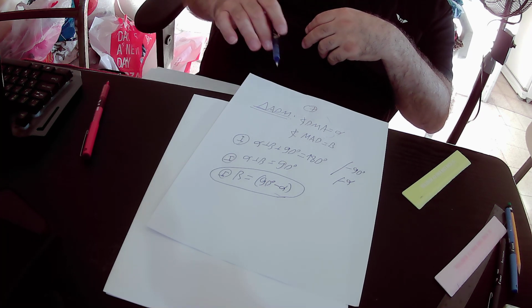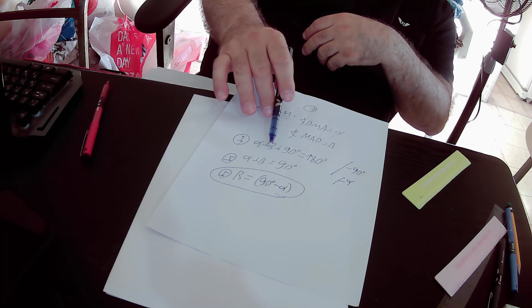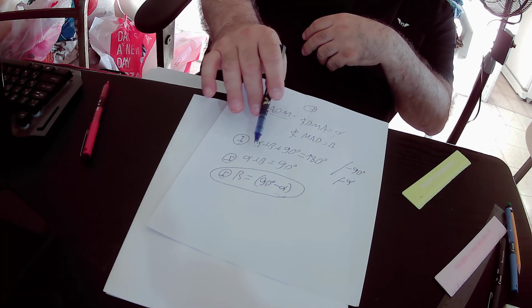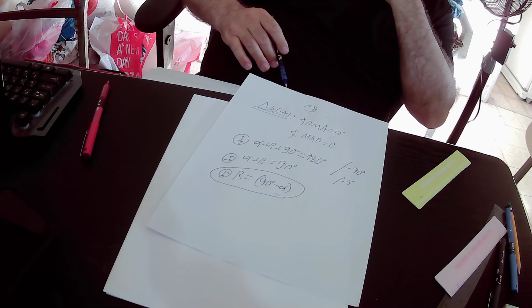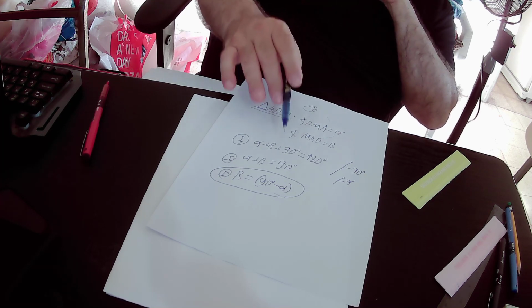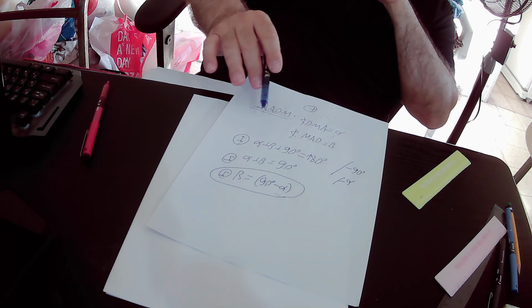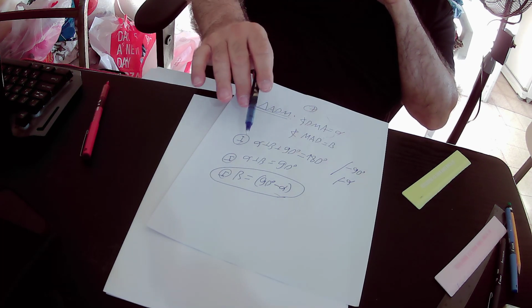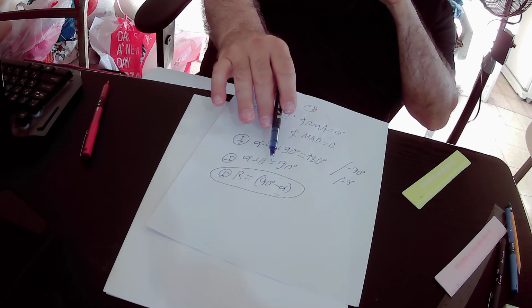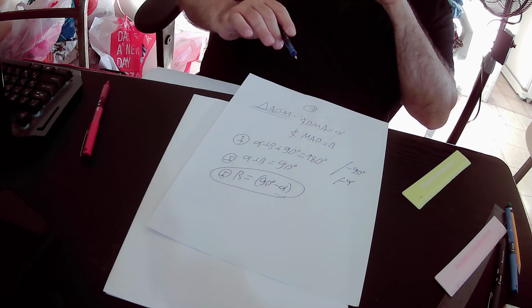Alpha plus beta minus alpha equals beta, and 90 degrees minus alpha equals 90 degrees minus alpha. So we got in the first equation that beta equals 90 degrees minus alpha.